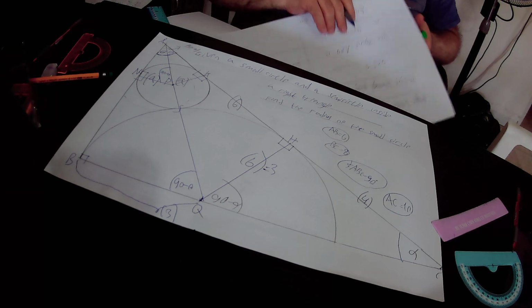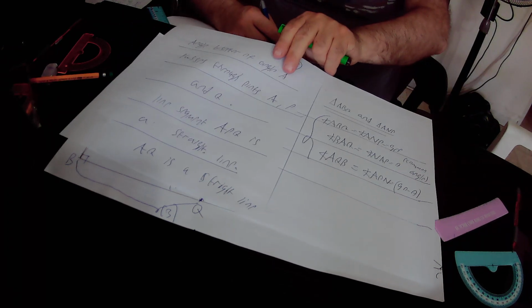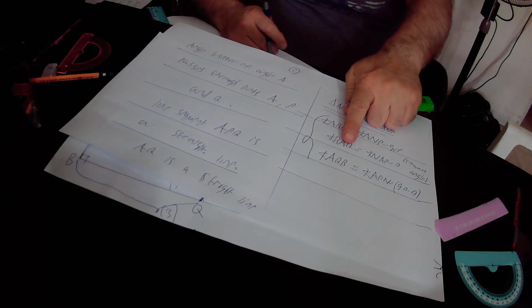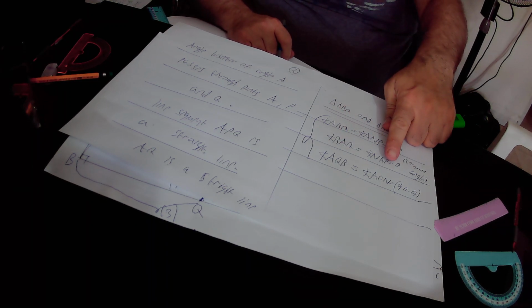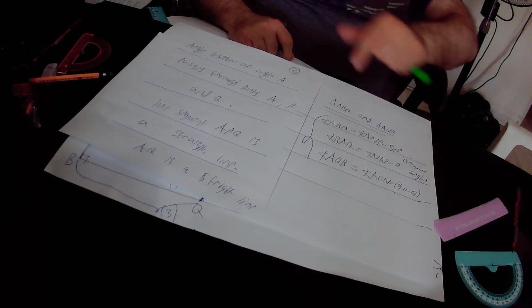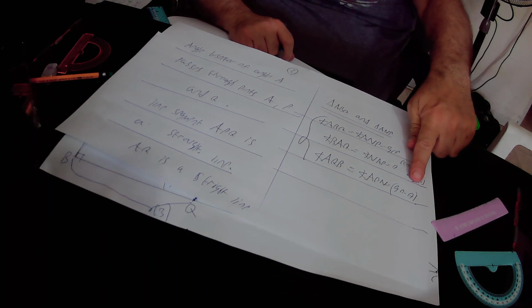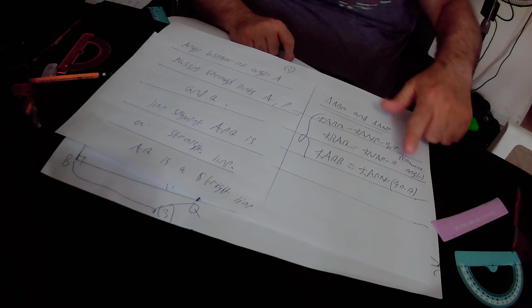Repeating again, we found out that angle AQB in the big triangle ABQ equals angle APN in the small right triangle ANP. They are both equal to 90 degrees minus theta, therefore they are equal to each other.